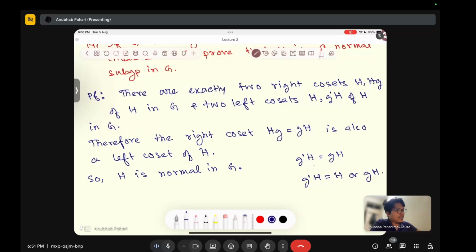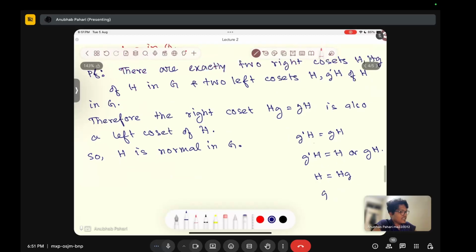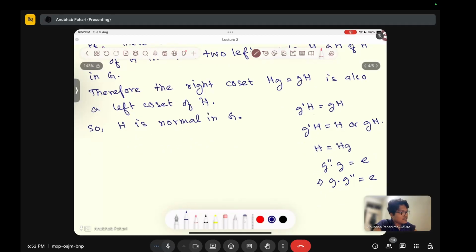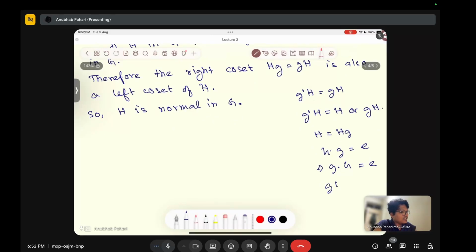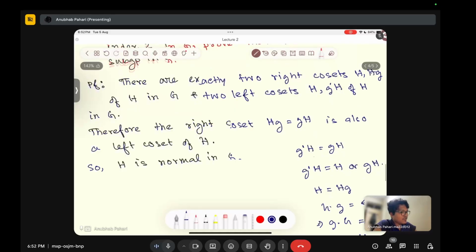Since we are already taking Hg to be not equal to H, because if H equals Hg, then there should be another G', G should be E, and this implies that G'' is E. Since the inverse is unique, you can put H. That would simply mean that GH equals H, but this is not the case, right?